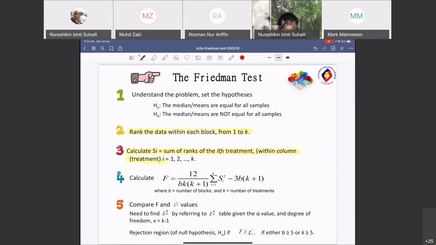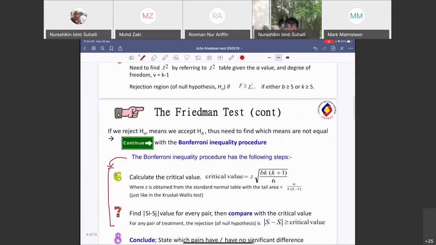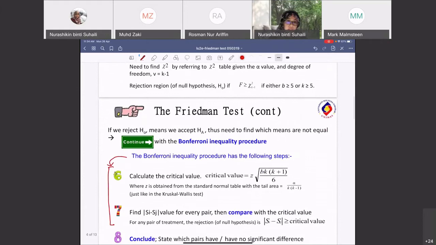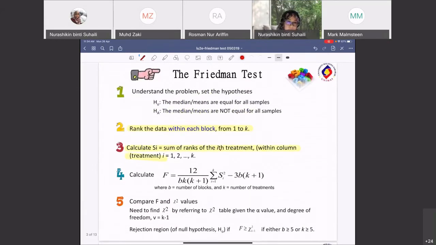So there are some similarities with Kruskal-Wallis, especially on the Bonferroni inequality procedure, because now we are dealing with more than 2 samples, right? As I said previously, when there are more than 2 samples, even if it's just 3, the minimum number, when you say that there is a difference in the samples, let's say A, B, C, the next target is to find where the difference is.